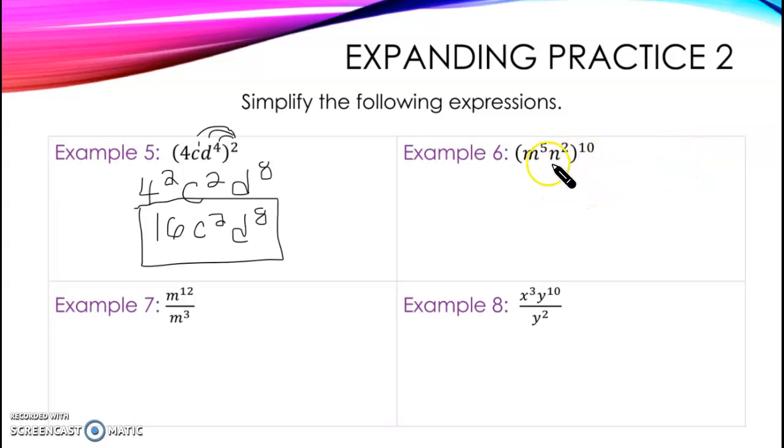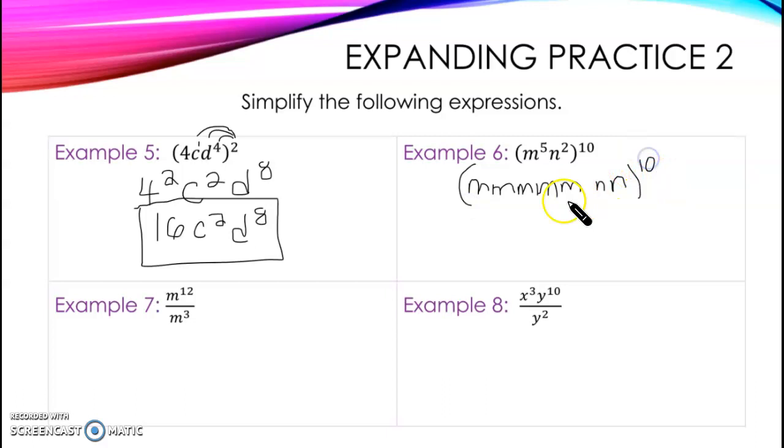And so sometimes you'll have examples like number 6, where if you choose to expand it out, it might be a lot of extra work to write on your paper. So you might want to logically think, okay, well, I'm going to end up with 5 m's that need to be multiplied by 10 essentially. And then we're going to end up with 2 n's that also need to be multiplied by 10. All of that to the 10th power.